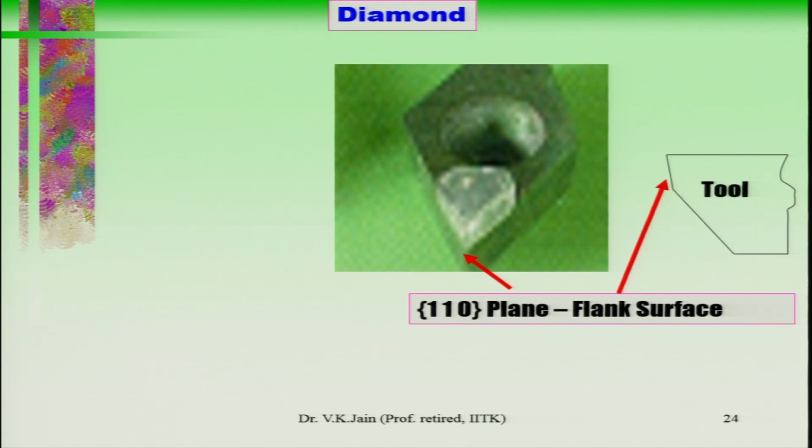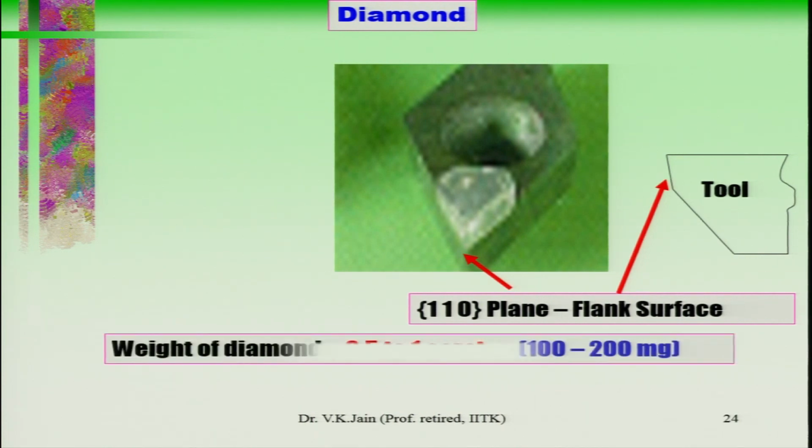All of them have to be defined properly before using the diamond tool, also keeping in view the properties of the diamond compared to the cutting tools used normally on a lathe machine. Now, the weight of the diamond is around 0.5 to 1 carat, that is 100 to 200 milligram.